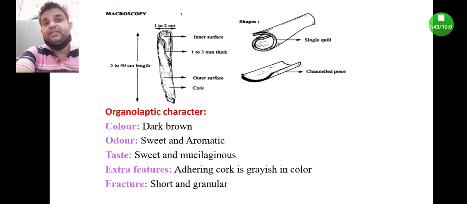It is due to the presence of tannin in it, a very minimum quantity of tannin, whereas transverse cracks may also be observed in the Cassia bark outermost layer. So these are the various macroscopical or morphological features of the Cassia bark.